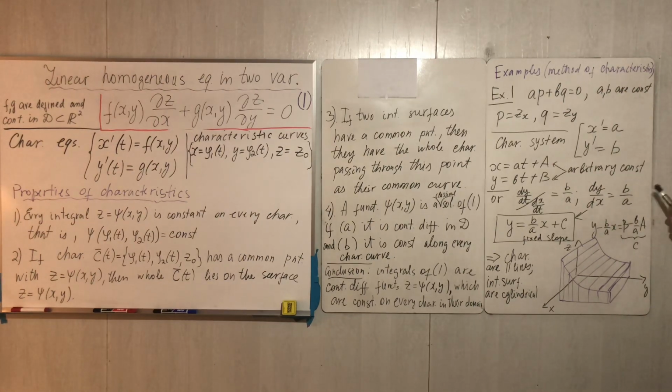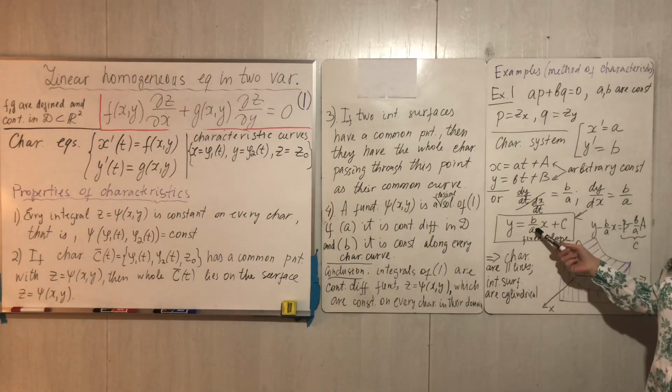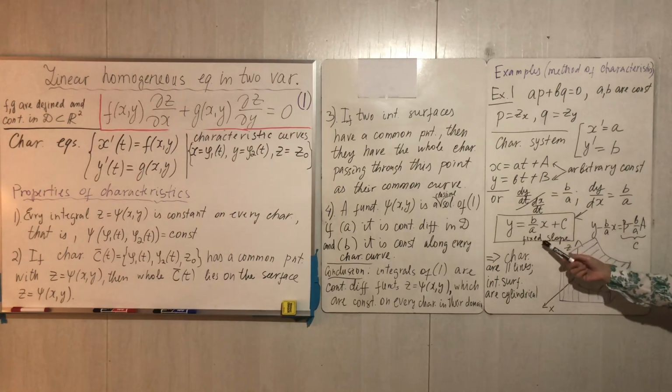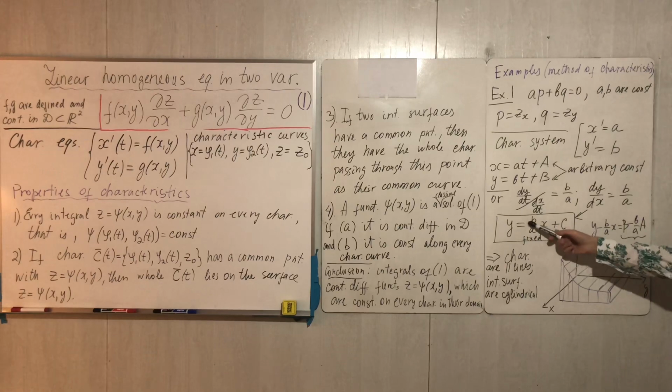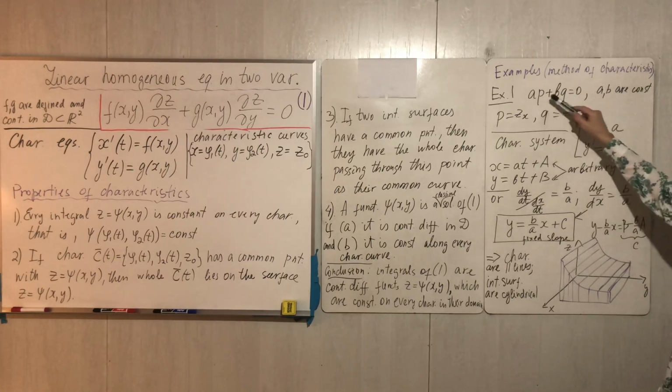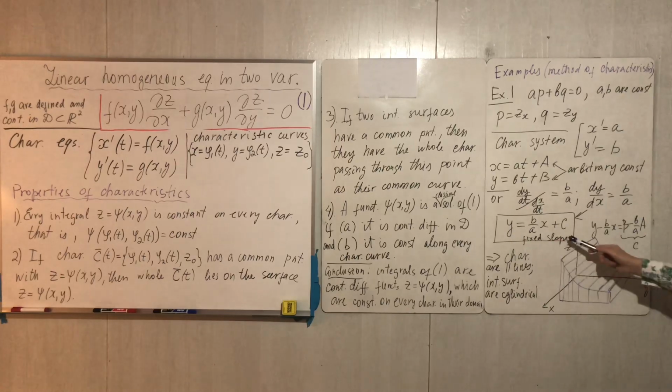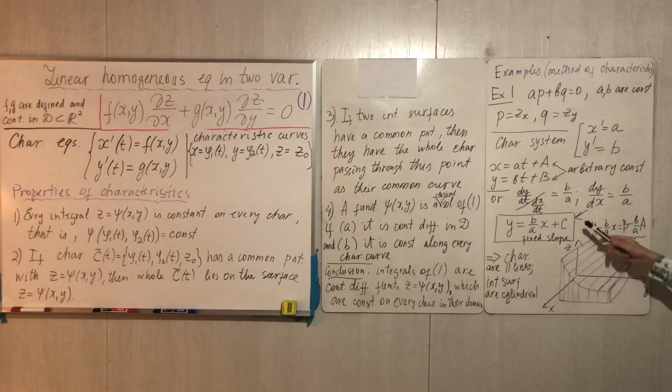Integrating this, considering y as a function of x, we'll get y equals b over a times x plus c, where both constants a and b are given. And I just put here c as this expression if we were solving it the first way.